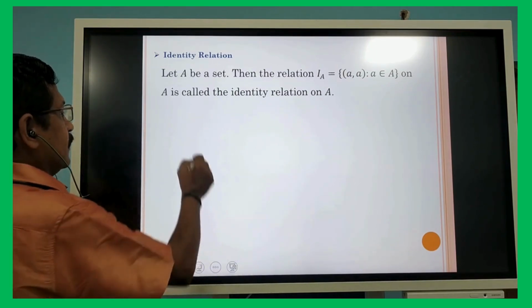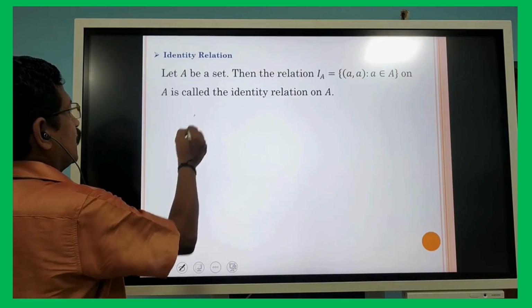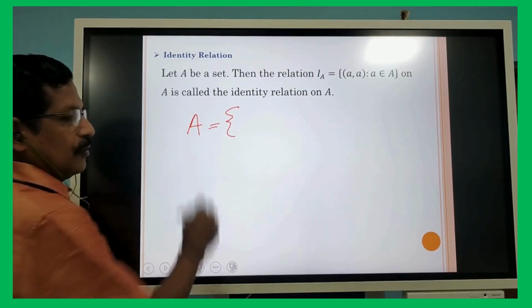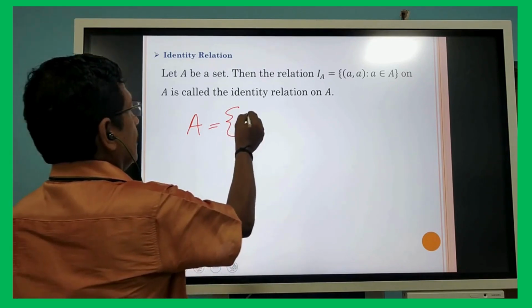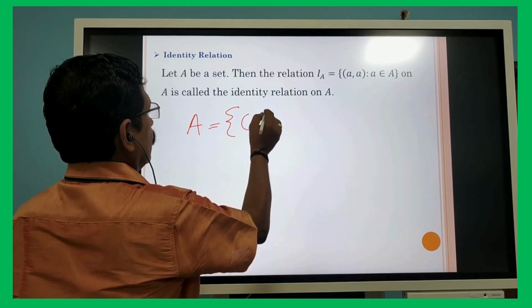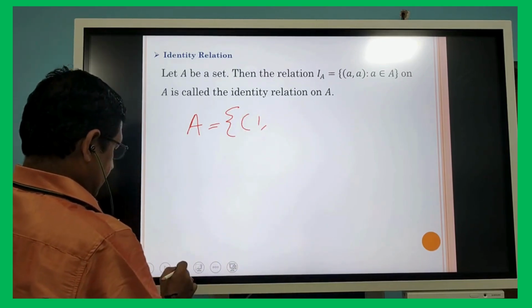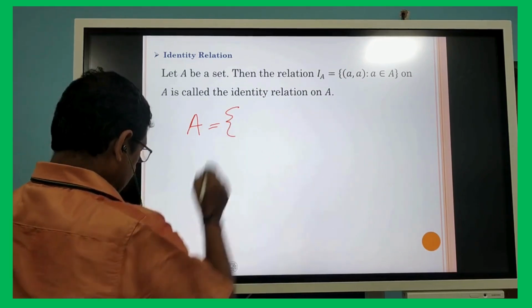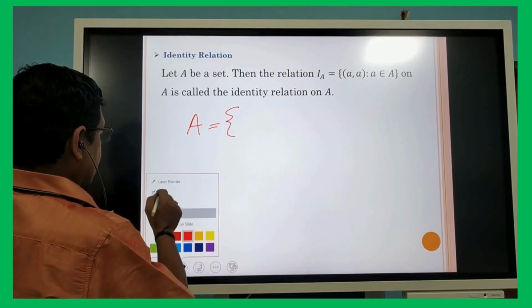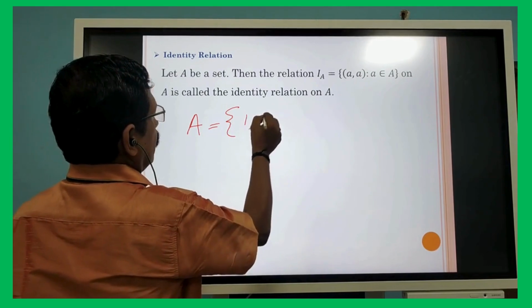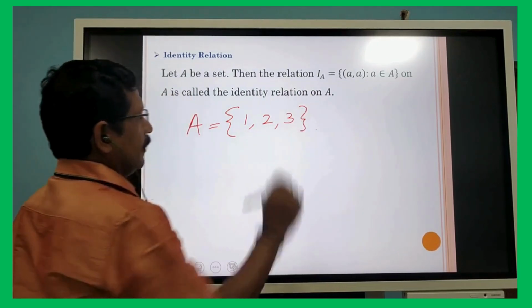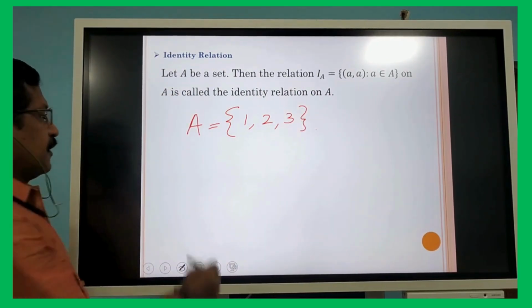Let us consider a set. Suppose a set A equals, not ordered pairs, I am taking a set, not writing the relation, the set {1, 2, 3}. Now I am defining a relation here, R1.